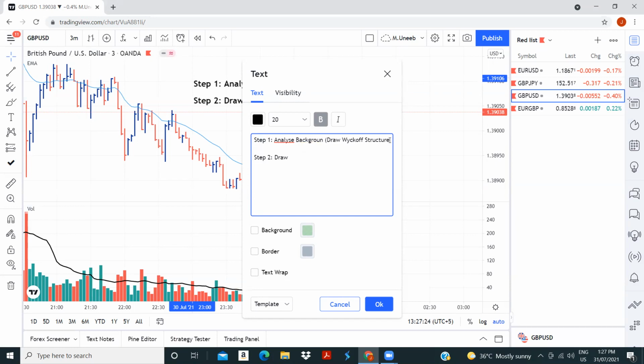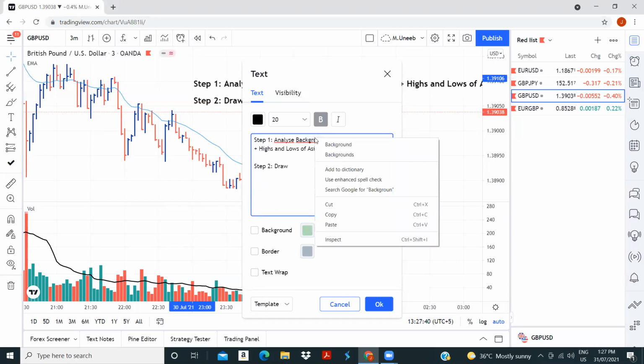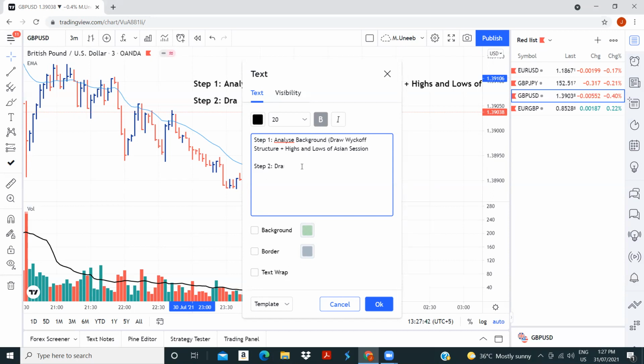Analyze background: draw market structure, Wyckoff structure, plus in the background the highs and lows of the Asian session. The second step would be to establish bias.